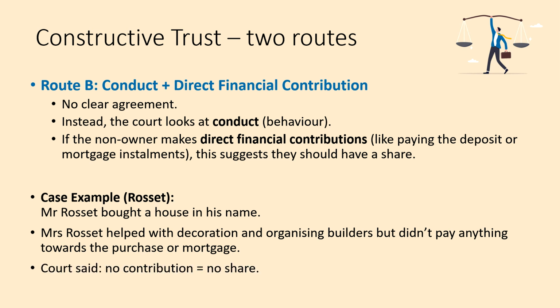So in this case, the court actually said there was no direct contribution, so there was no share that Mrs. Rossett could get, because decorations and organization things, that wasn't really sufficient to count as a direct financial contribution.